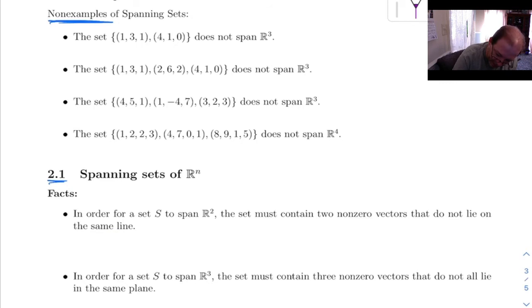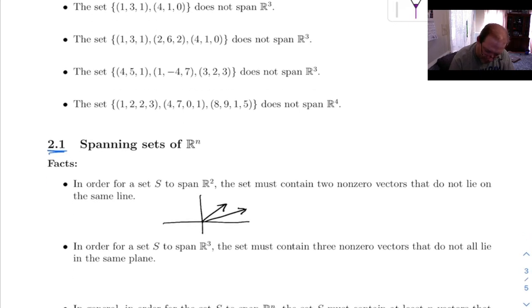And that makes sense, because if you've got R2 here, if you only have one vector, then it's going to span a line, unless it's the zero vector, in which case it'll only span the origin. But you have to have a vector to get one line, and then you have to get a vector to get another line. So you have to have at least two non-zero vectors. In order for a set to span R3, you have to have three non-zero vectors, and they can't lie in the same plane.